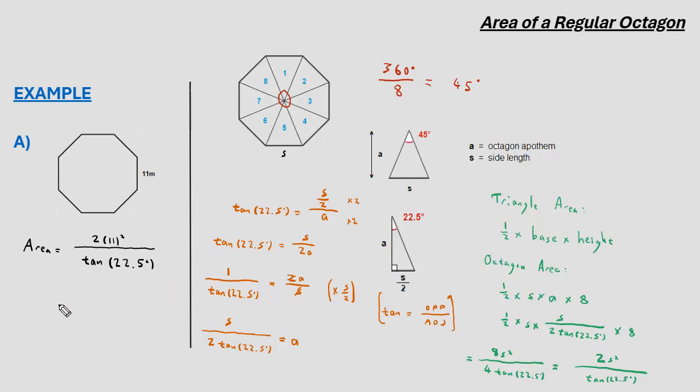And if we proceed, example A, multiplying out the top line will give 242, bottom line staying as is, and for the area we get 584.24 meters squared. That's rounded to 2 decimal places, and that is how we can work out the area of a regular octagon, provided we do know what the side lengths are.